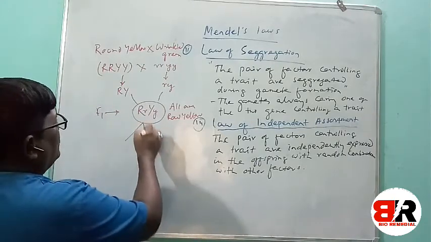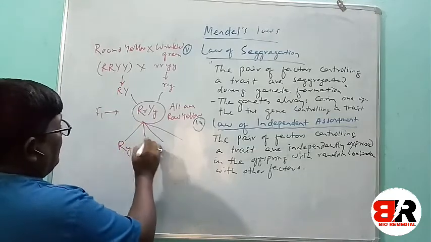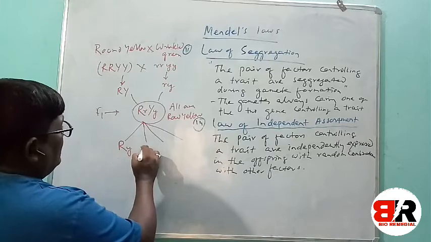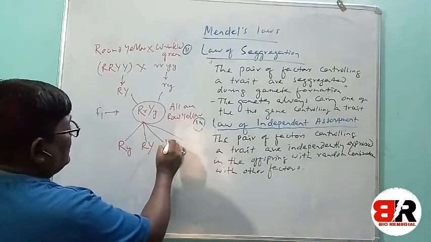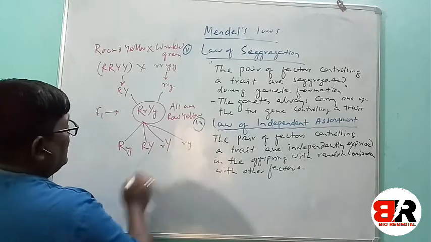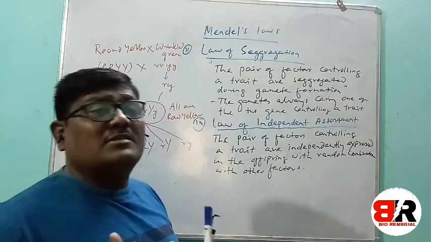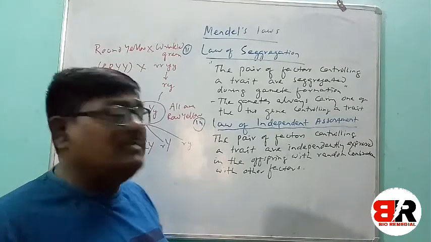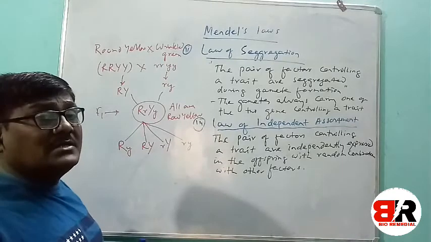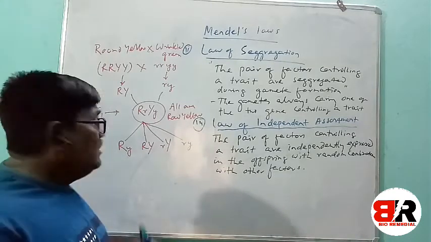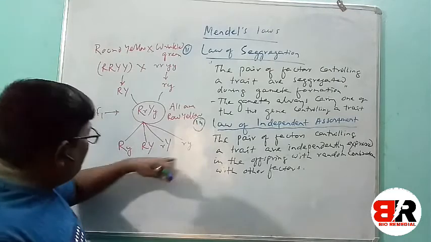This will produce 4 different types of gametes: capital R small y, capital R capital Y, small r capital Y, small r small y. Likewise, if we cross the same type of male and female gametes, these 4 types of gametes are found in male and the same 4 types are also found in female.